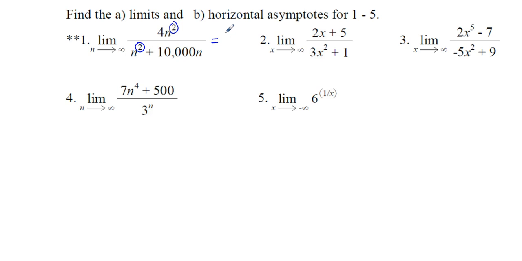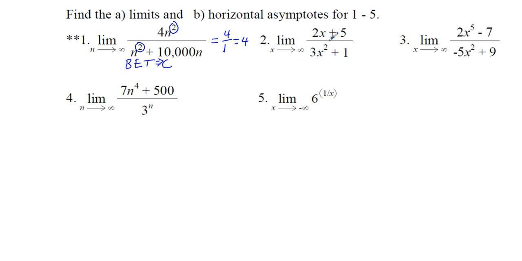And so what we're going to get is 4, because we have 4n squared over 1n squared, which equals 4. And that's really all there is to it. So this is BETC, bottom equals top, use coefficient. Okay, so that's how I draw it. Bottom equals top, BETC.